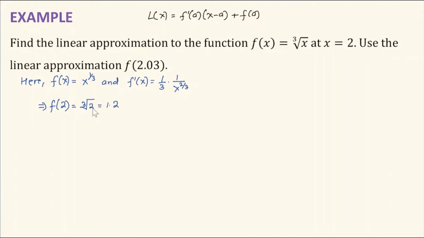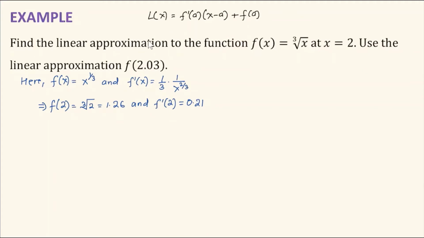And the derivative at 2 will be 1 over 3 multiplied by 1 over 2 raised to 2/3. If you simplify that, it should be 0.21. So now we have the value of the function at 2 and the value of the derivative at 2.